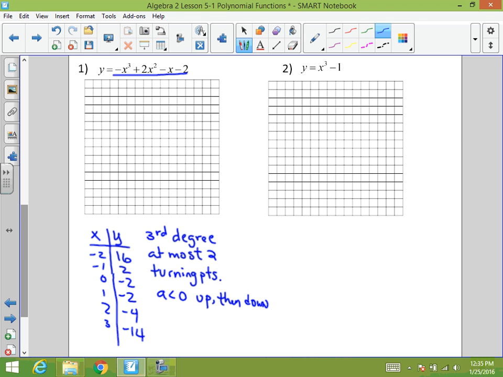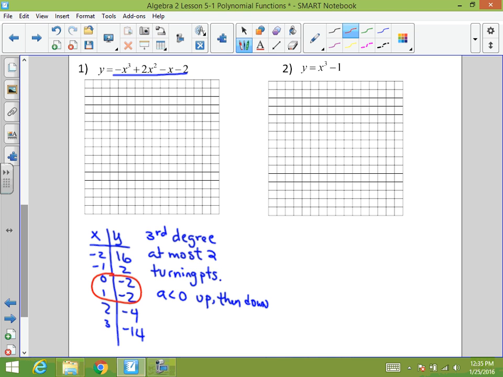So my turning points, if I was to do my turning points, it looks like at least one of my turning points I can tell is somewhere between these numbers here, because they're the same number. That tells me something's going on here. So if I plugged in numbers between those, I could probably figure this out.